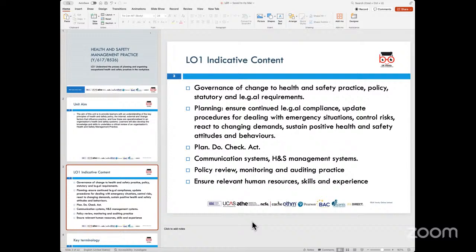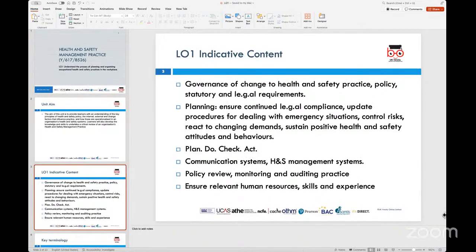And if it's a larger organization, what are the systems typically in place to make sure of compliance from a regulatory point of view, what the employees are supposed to follow, what the employer is supposed to provide, and how we ensure the safety of employees working within the workplace by following these systems, and how you communicate them to the relevant people within the organization.